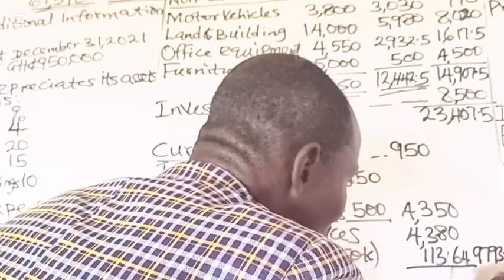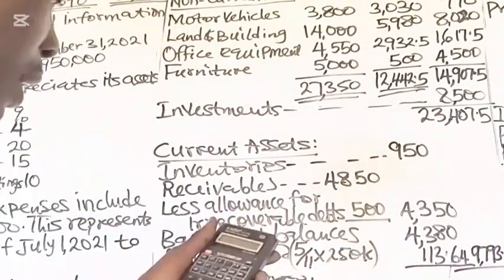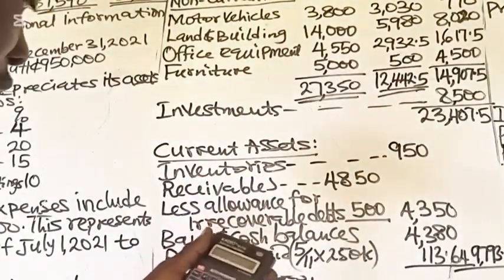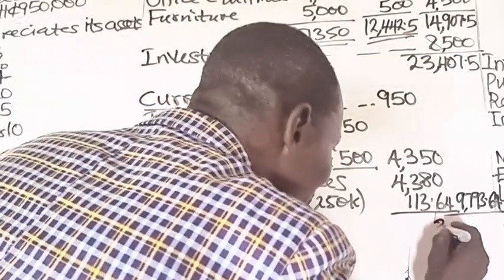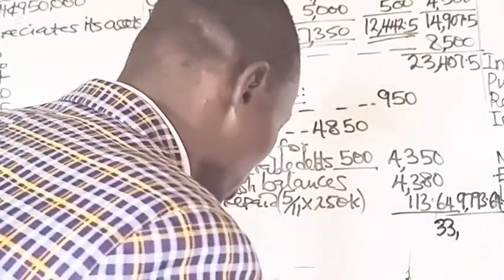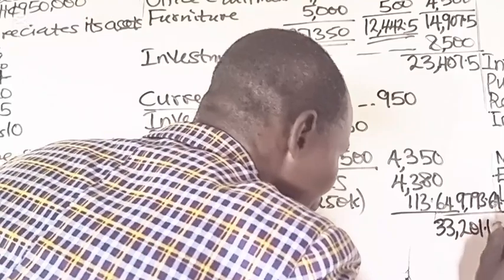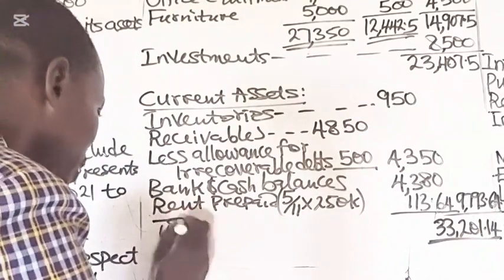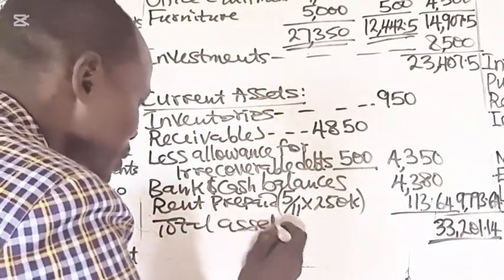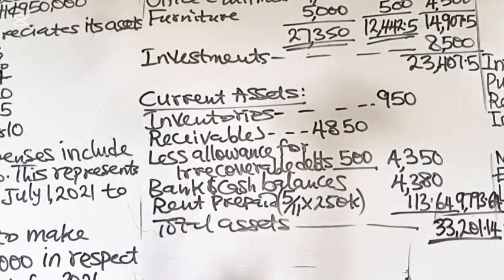If you add that to the non-current asset of 23,407.5, total assets amounted to 33,201.14. That is the total assets. After total assets, the next section is equity and liabilities.